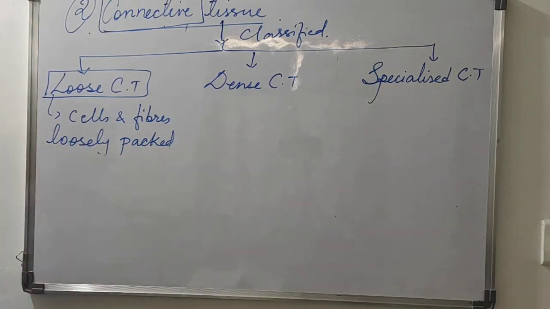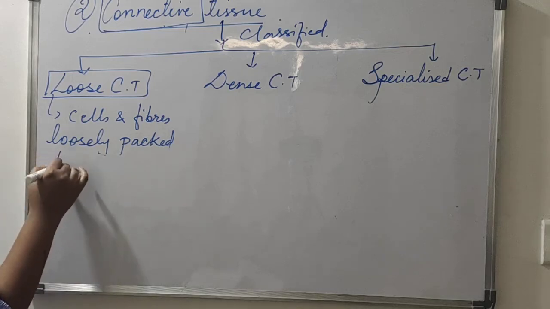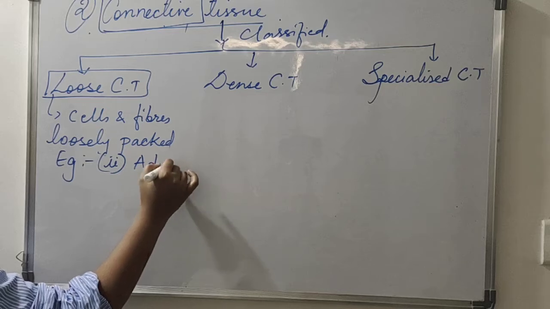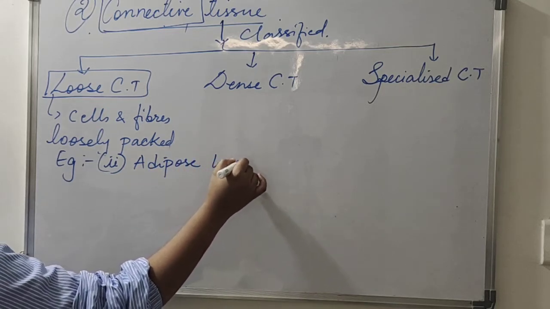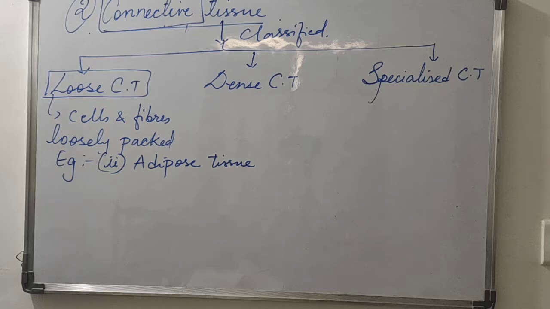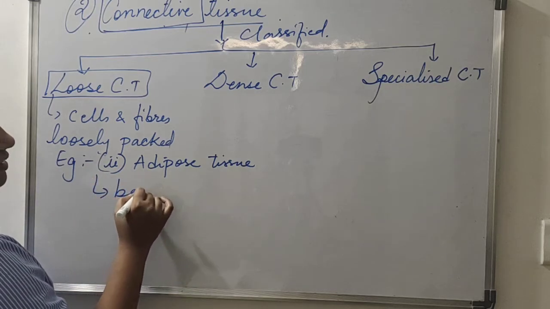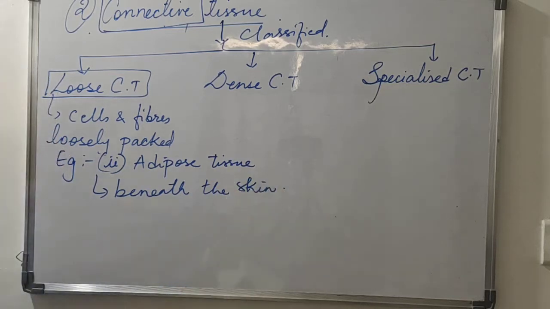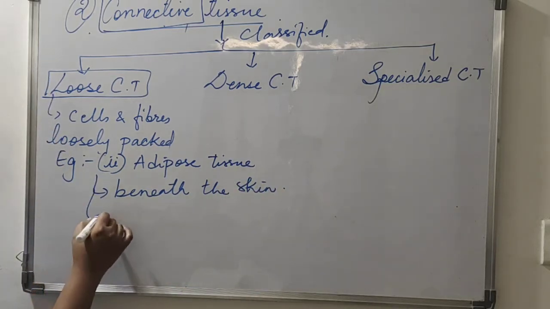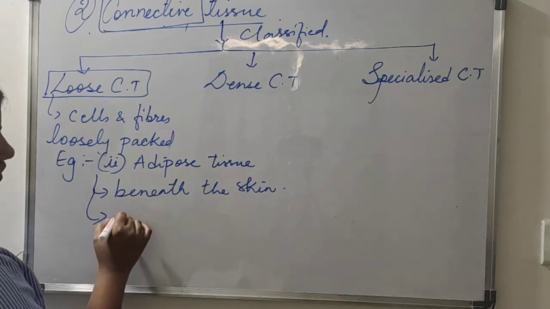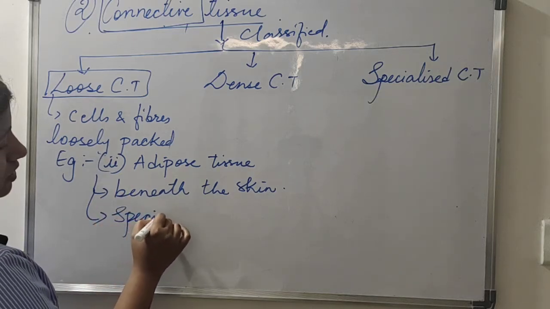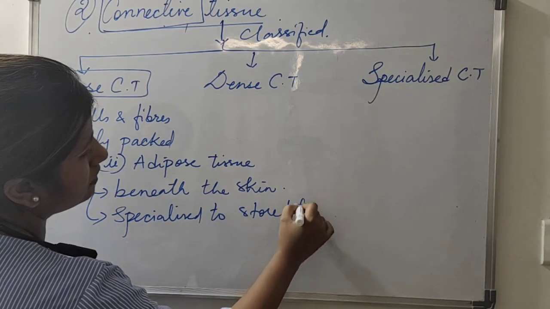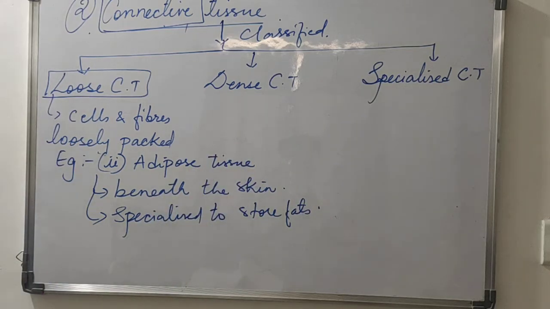We'll see another example: adipose tissue, which is also a loose connective tissue. This adipose tissue also lies beneath the skin, and its function is that it is specialized to store fats.